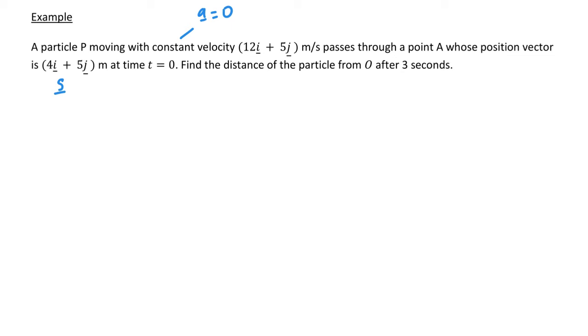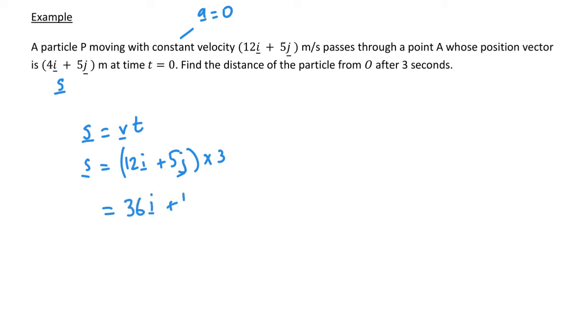Well, if it's travelling with constant velocity, what we have is s equals vt. So s is going to equal the velocity, 12i plus 5j, times t, so after 3 seconds, that is 36i plus 15j.